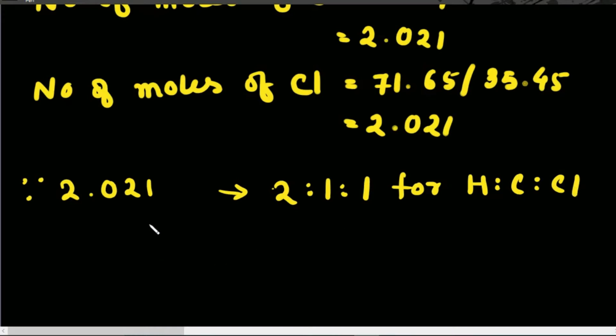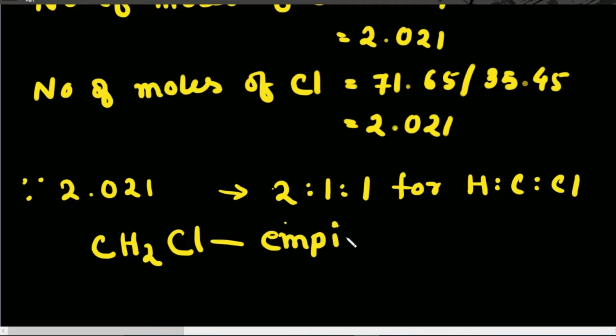In case the ratios are not whole numbers, we will try to convert them into whole numbers by multiplying with a suitable coefficient. So we can write the empirical formula as follows. Since the ratio of carbon is 1, so C1. For hydrogen it is 2, so it is H2, and for chlorine it is 1, so it is Cl. Thus the empirical formula is CH2Cl.